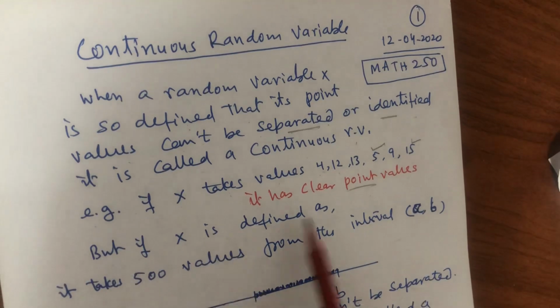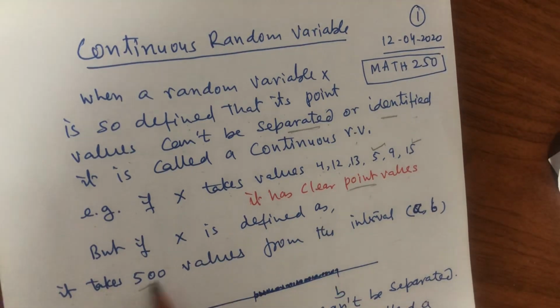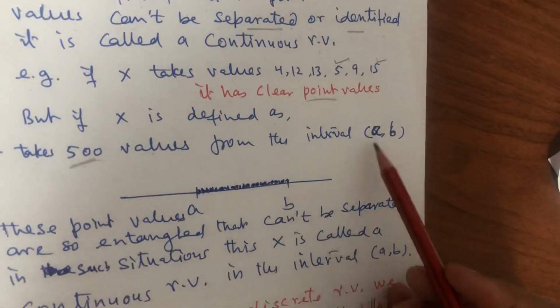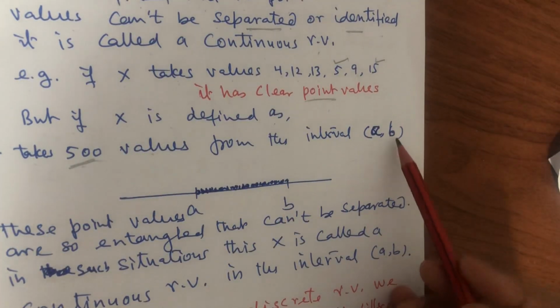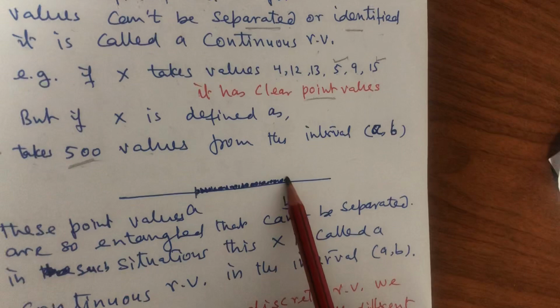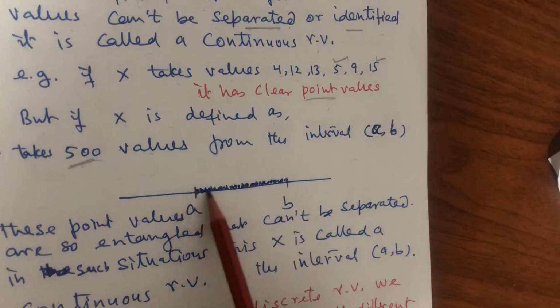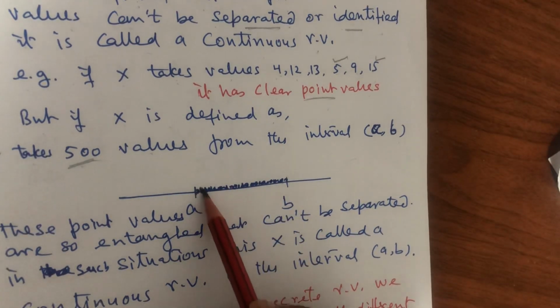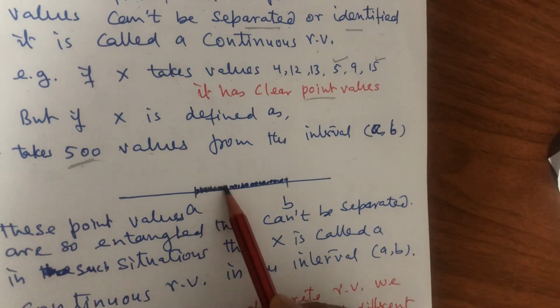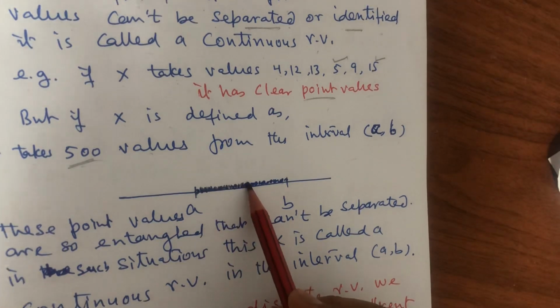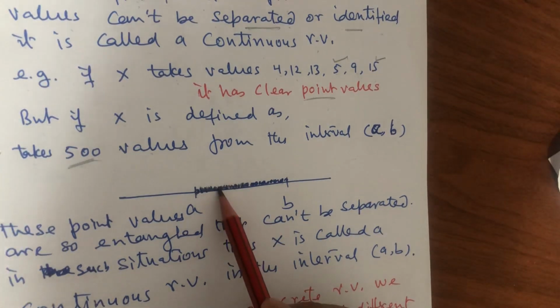But suppose X is defined as taking 500 values, or 50 or 100 values, from the interval a to b. In this small interval we have 500 values, and all are so near that we cannot say which one is the third value and which one is the fourth.